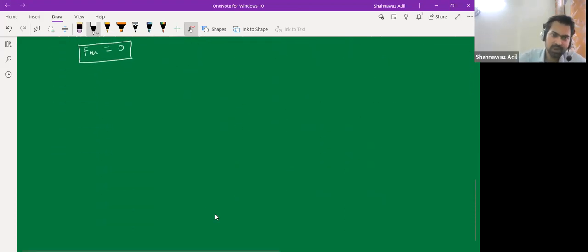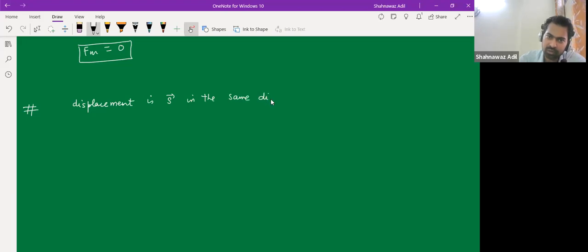You guys know that the displacement S is in the same direction as velocity, right?